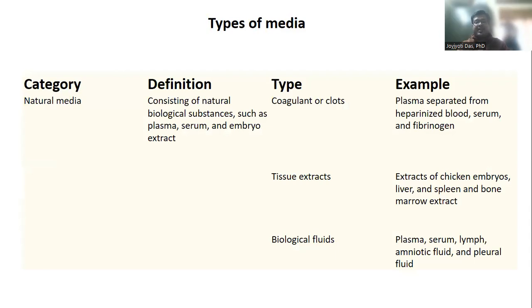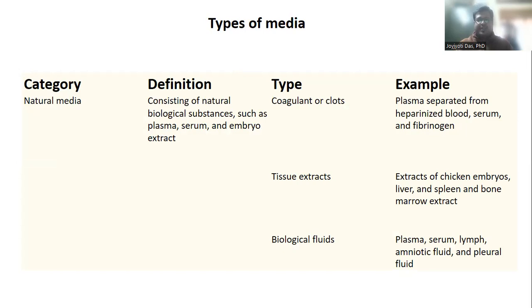So now let's categorize media. We talked about biological fluids, and we said that they were initially used in cell culture media. But then you can well understand again, if you need to extract biological fluid, you also need to get some organisms from which you can extract them.